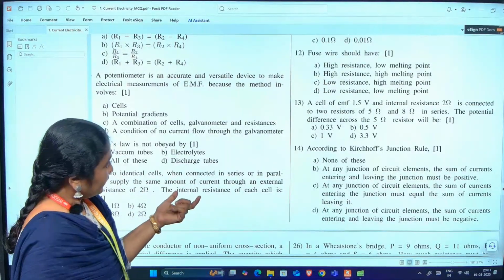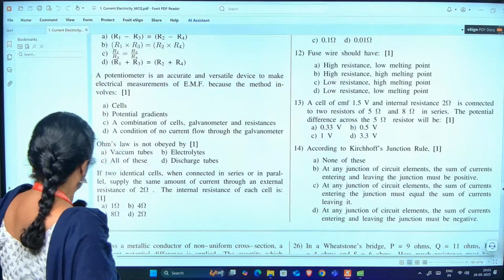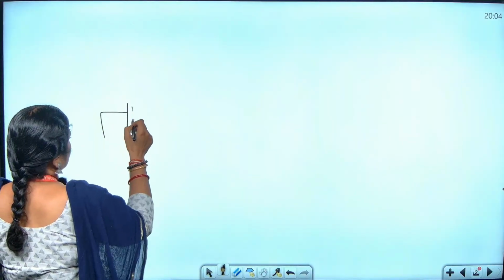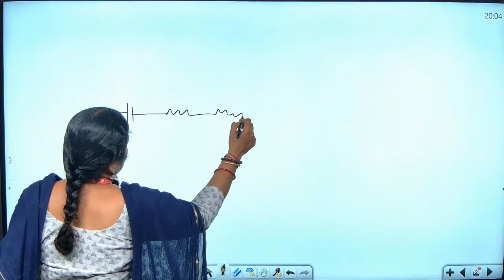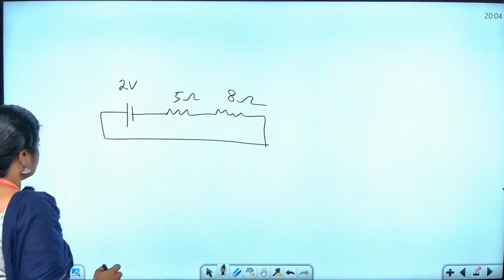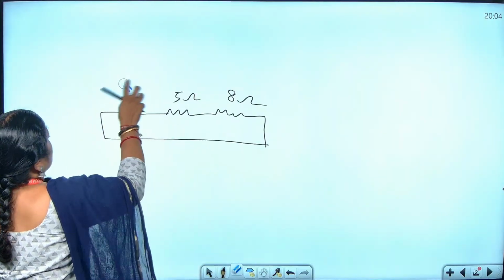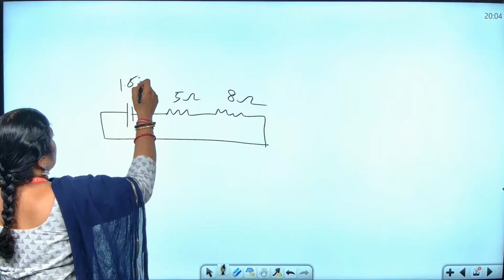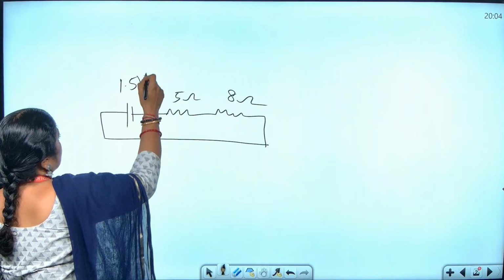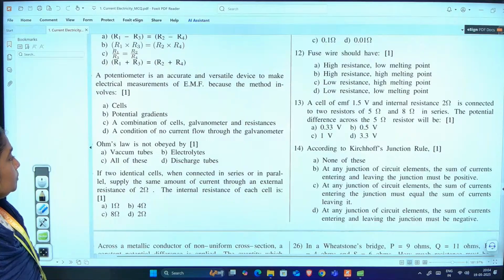A cell of EMF 1.5 volt having an internal resistance 2 ohms is connected to two resistors 5 ohms and 8 ohms in series. One point five.